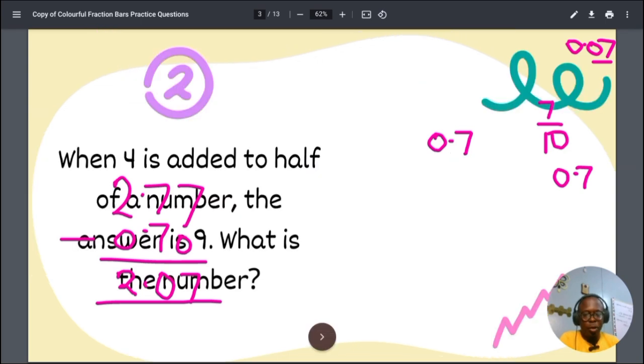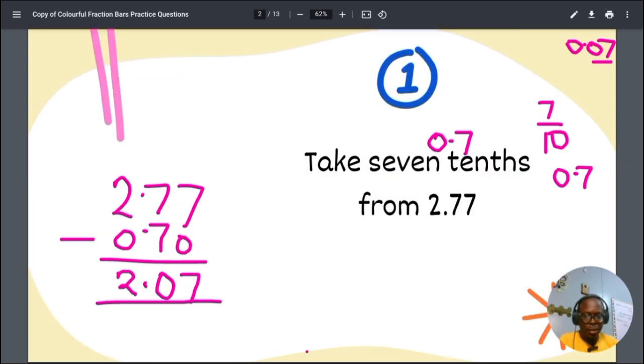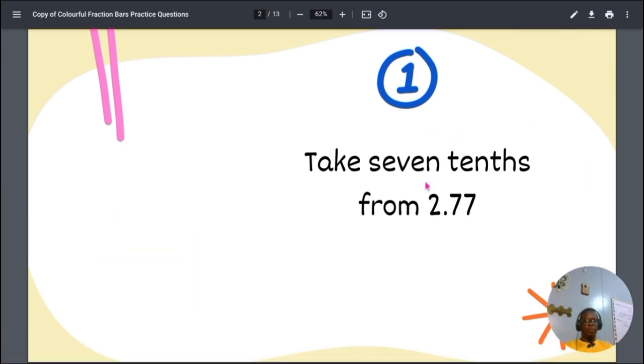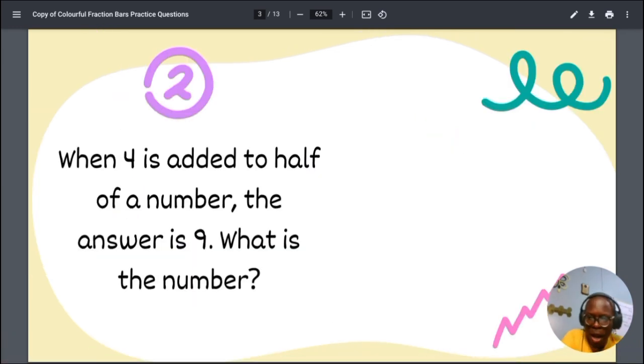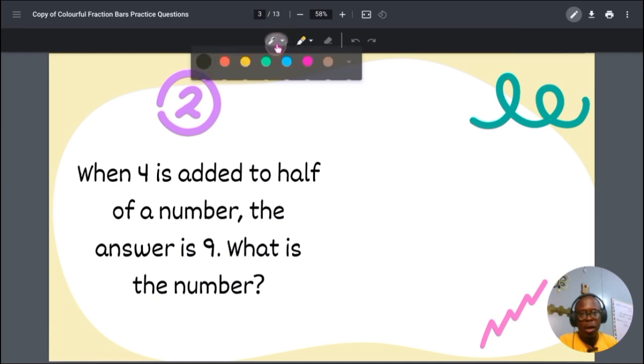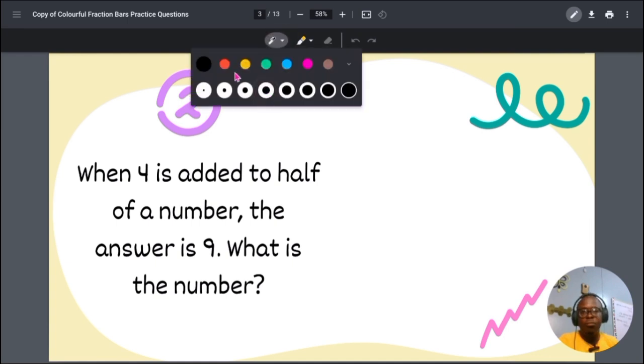Okay, number 2. Number 2 says, when 4 is added to half a number, the answer is 9. What is the number? Now we don't know the number, so we have to represent it with a letter, as we do in algebra.